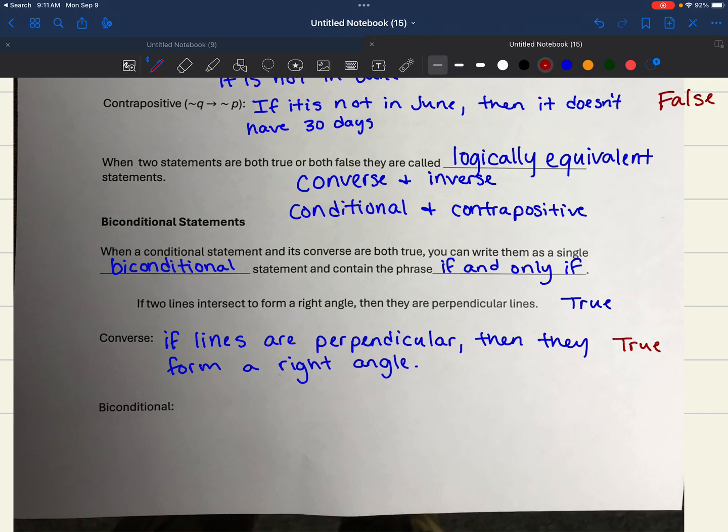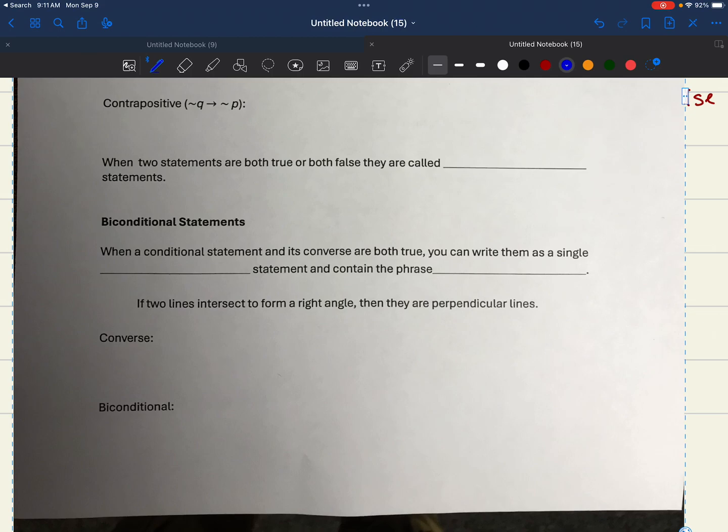Now, is that statement also true? Yes. So our original conditional statement and its converse are both true. So we can write that statement as an if and only if statement. Okay?